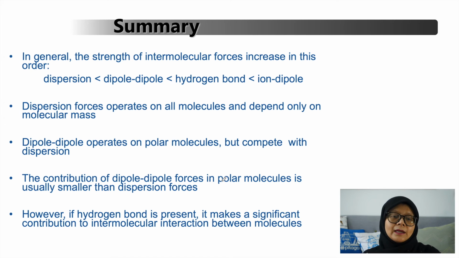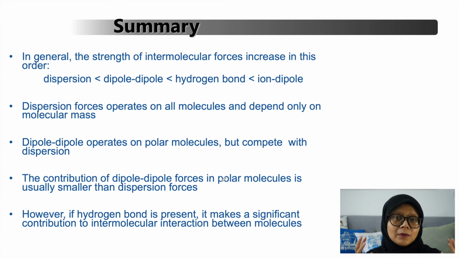Last but not least for this part, as usual, the summary. In general, the strength of intermolecular forces increases in this order: dispersion is less than dipole-dipole, less than hydrogen bond, and also ion-dipole. Dispersion forces operate on all molecules and depend only on molecular mass.